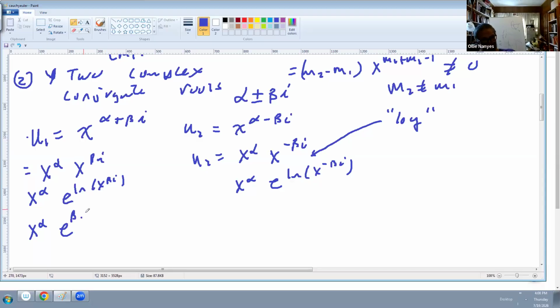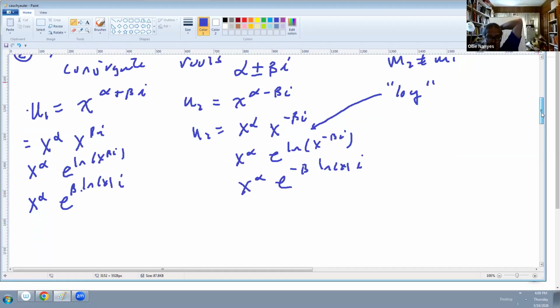So this is beta log of x i, and this is x to the alpha e to the minus beta log of x. Okay, log of x is real. So far so good, right? You might say, well, that's not a lot better.